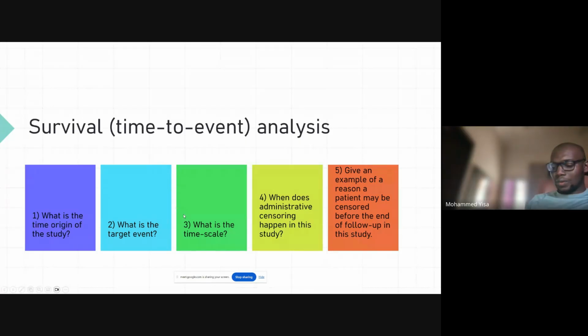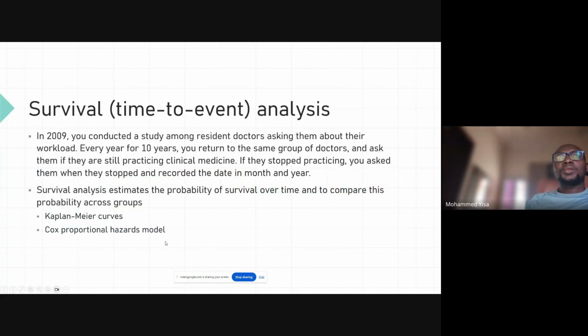Yes. The narrative says that in 2009, a study was conducted among resident doctors, asking them about their workload. Every year after that, you went back to the same group of doctors, asking them if they were still in medical practice, and if they were not, you would ask when they stopped and record that data.